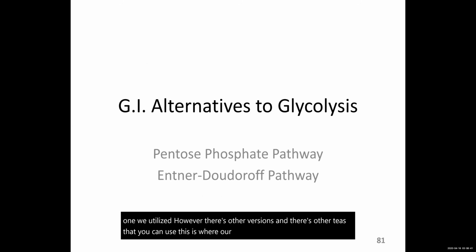So let's start off with the first set of pathways. Glycolysis, as basic as we just learned it, has some variations. The one we looked at is called the Embden-Meyerhof pathway of glycolysis, the one that you and I utilize all the time. However, there are two other versions out there. The first one is called the pentose phosphate pathway, and the second one is called the Entner-Doudoroff pathway.